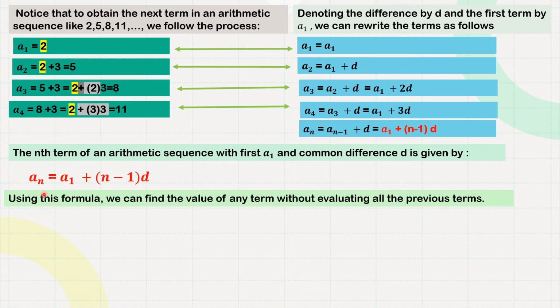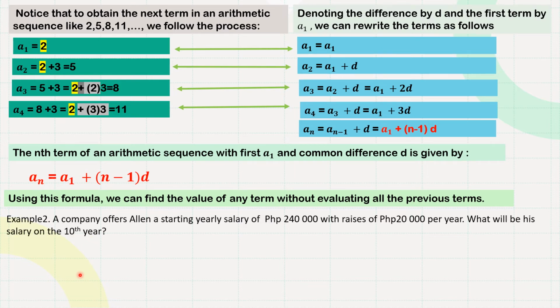Ngayon, gamitin na natin ang formula para di na tayo maglo-long process. Etong example na to, gamitin natin. A company offers Alan a starting yearly salary of 240,000 with raises of 20,000 pesos per year. What will be his salary on the 10th year? So, ang hanapin natin yung pang 10th year niyang salary.